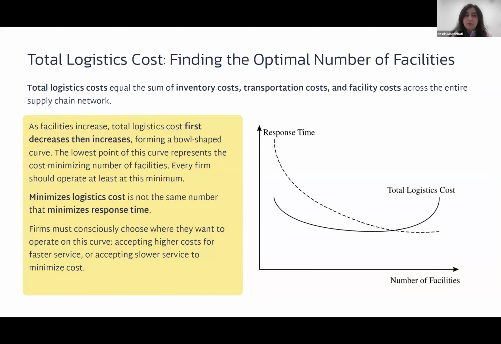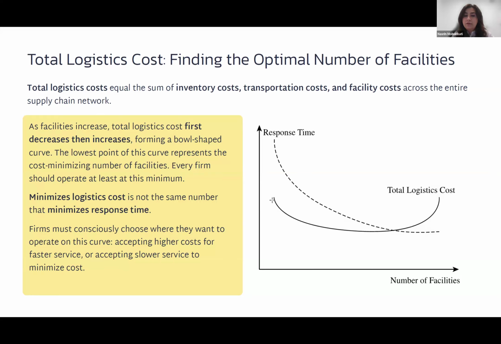Finally, we can talk about total logistics cost. So logistics is not just transportation. Logistics include transportation as well as inventory and facility costs. So it is the summation of these three different costs, and actually we can draw total logistic cost versus number of facilities.